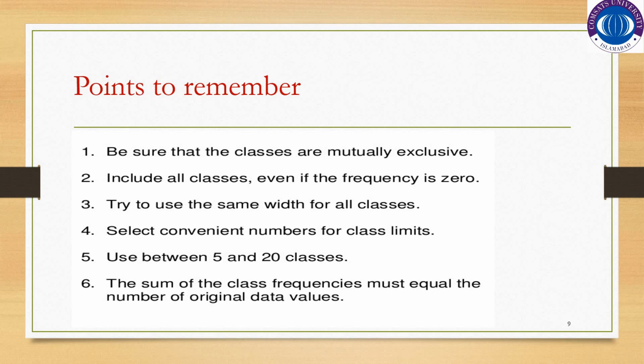The second one is to include all classes even if the frequency is 0. All the classes you have will be included, even if the frequency is 0, meaning that even if no observation lies in that range, you will still consider that class. Try to use the same width for all classes. We use the same class width or class height for the construction of each class.